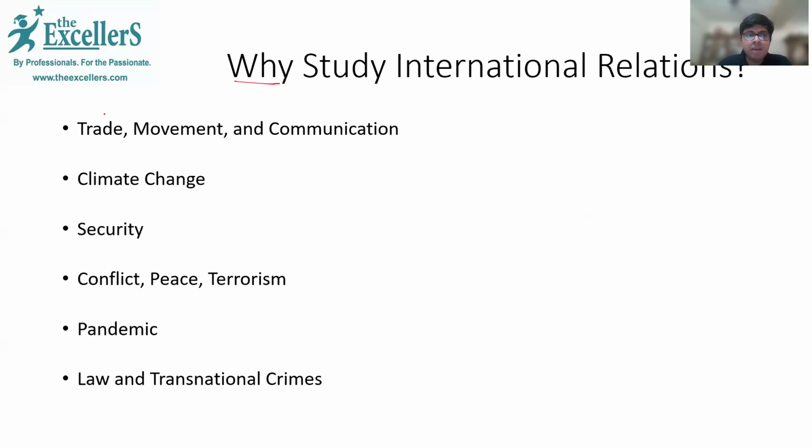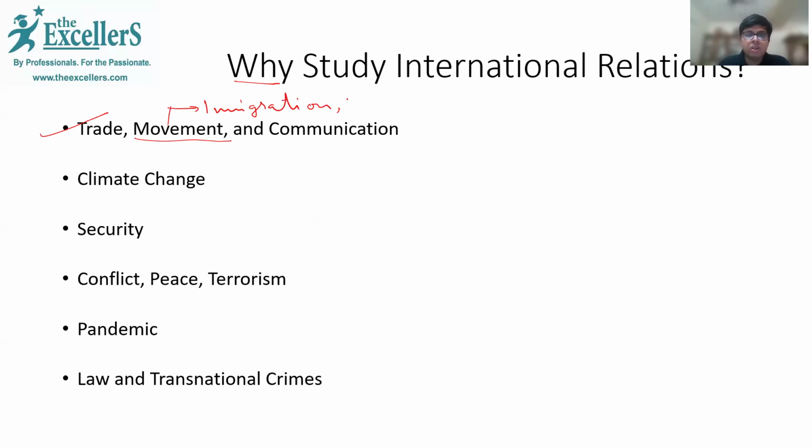First point, very basic: international relations does include trade, but it also includes movement of people, movement of property, movement of anything across the world. Even the COVID-19 pandemic, which is a movement of virus across the world, is also very well covered under international relations. So movement, we can say immigration, a hot topic that's discussed today with respect to the US, Europe, then other Western countries.